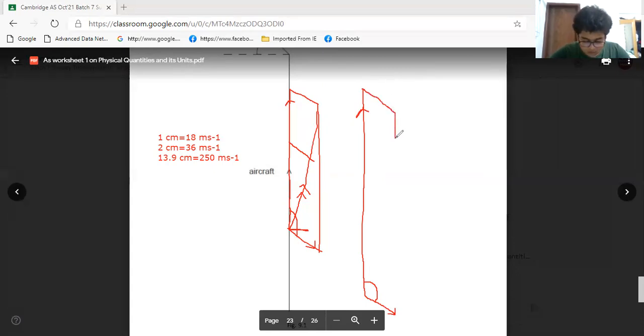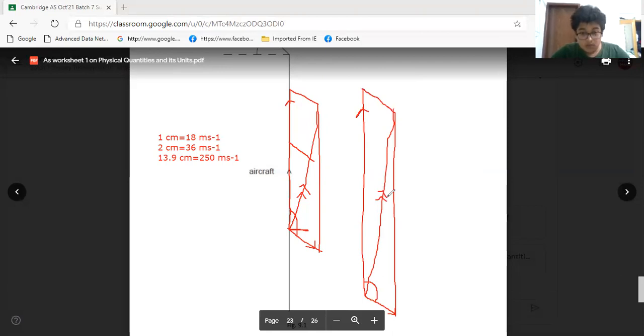Then you get the complete parallelogram. Then your diagonal is between these two forces, going to the last end. Use the ruler. This is your resultant. This one is the resultant, and check what is the length of it.